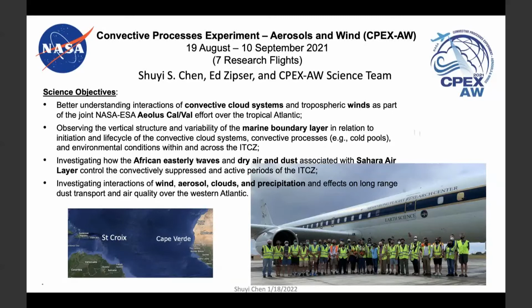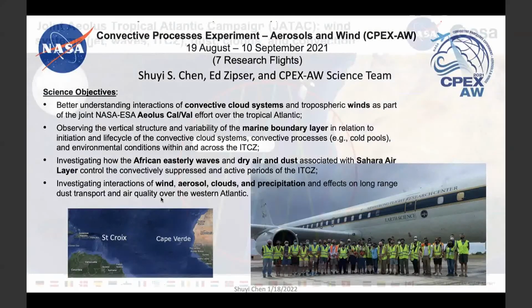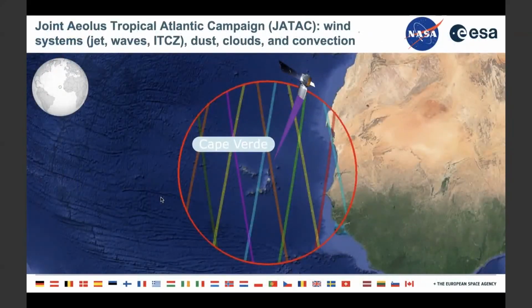We're also investigating how African easterly waves and dry air intrusion in this region, the Atlantic basin, and the interaction of winds, aerosol, clouds, and precipitation in this basin. The picture is our team in St. Croix.